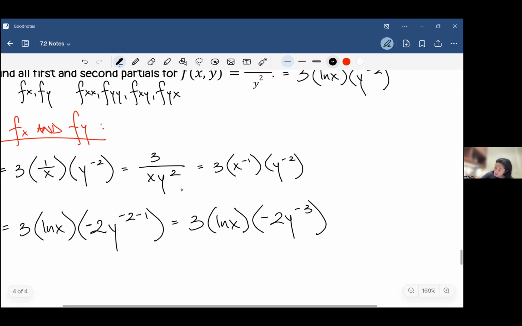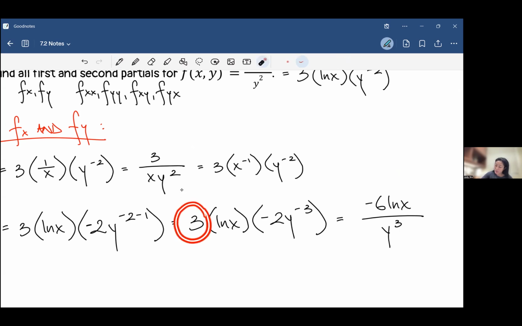Now, this is probably the best form for the next step of partials, but I do want us to see this is the same as negative 6 natural log x over y to the third. So 3 times negative 2 gives us the negative 6 in the numerator. The natural log is also in the numerator.